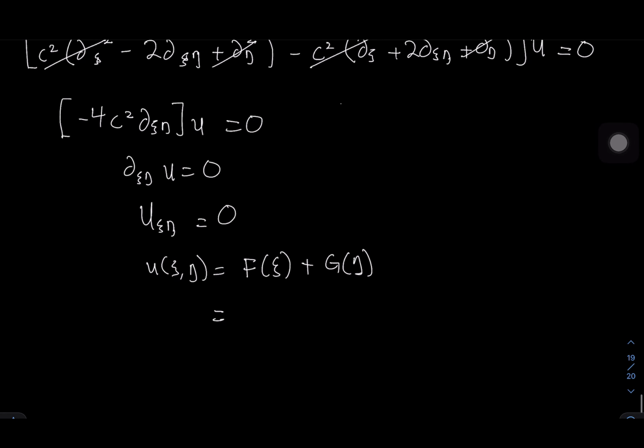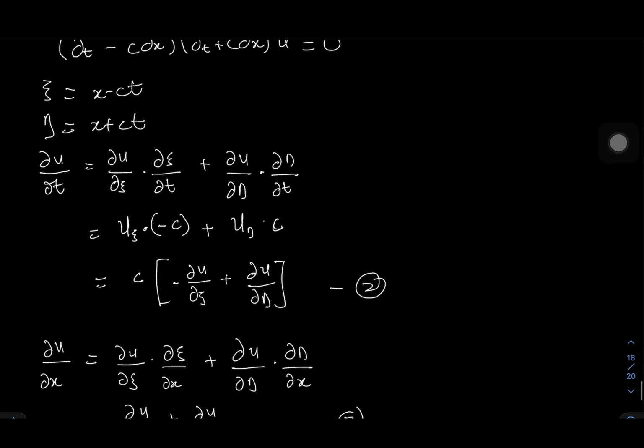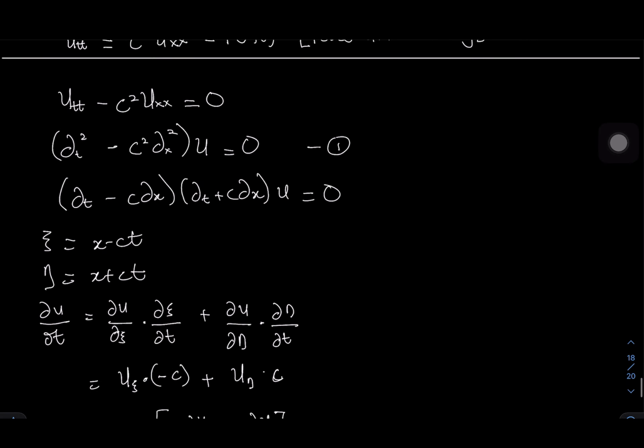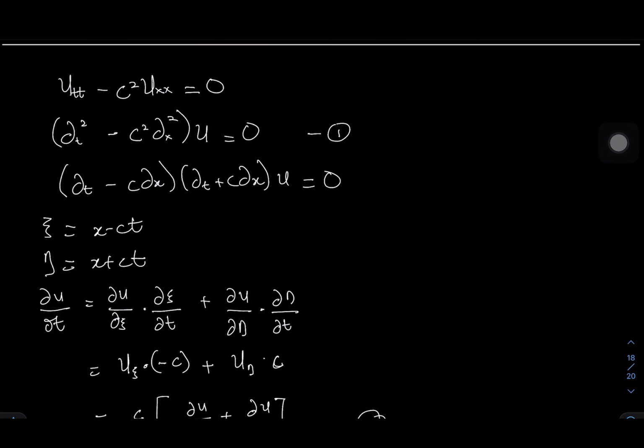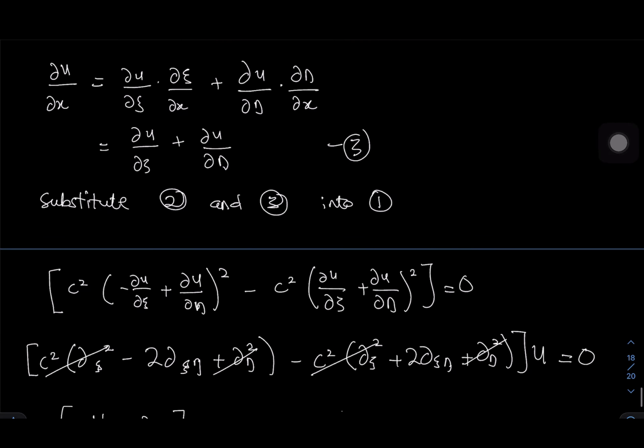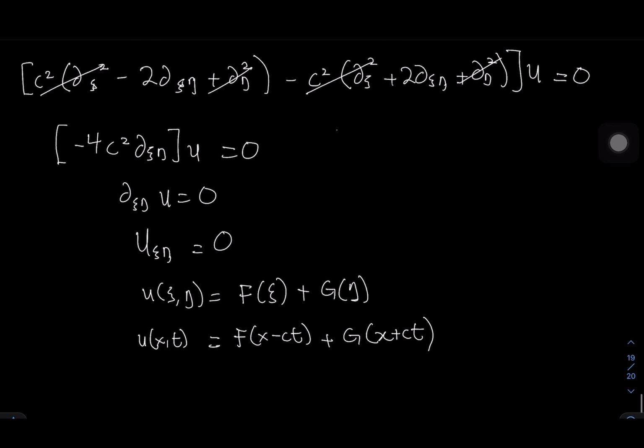So it means that the solution in the original coordinates is going to be f of x minus ct plus g of x plus ct. Right? So anytime you're given a wave equation with no boundary conditions or initial conditions, the solution is a function of x minus ct, if you have a space variable and a time variable, plus g of x plus ct.